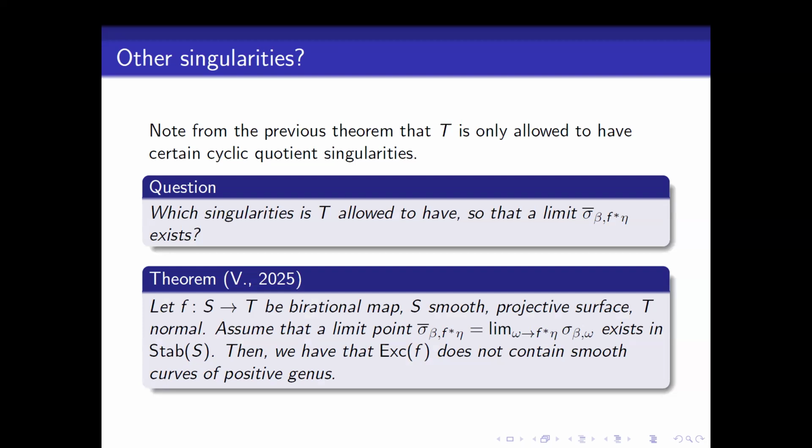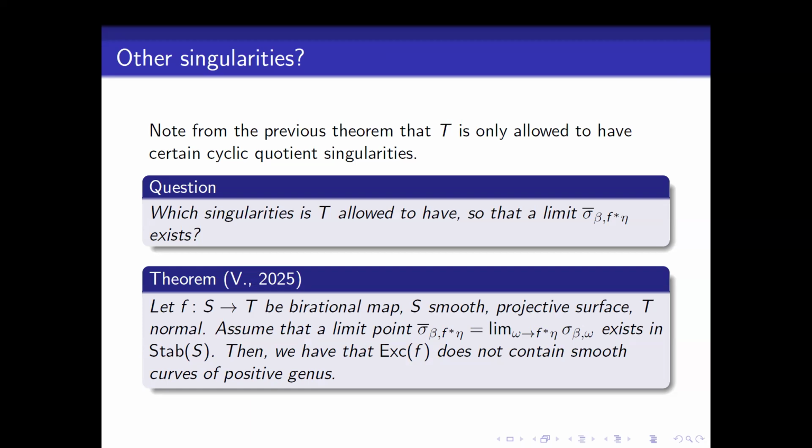My guess is that one should expect that the singularities that can appear are exactly rational singularities. And this has to do with the fact that when you have a rational singularity, a surface T with only rational singularity, the derived category of T can be realized as a Verdier quotient of the derived category of S. But I think we're a bit too far from that for now.